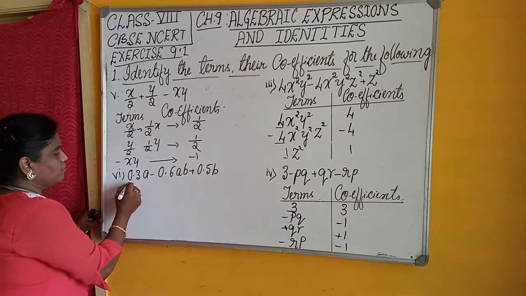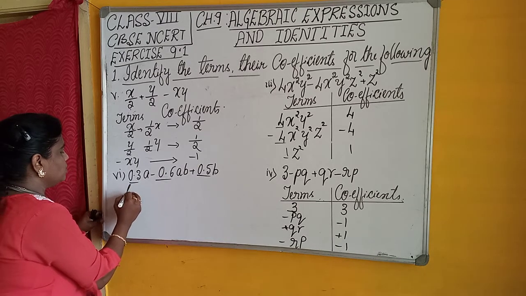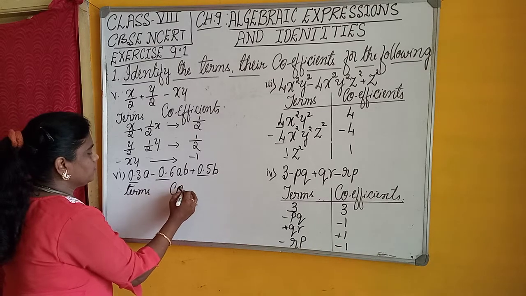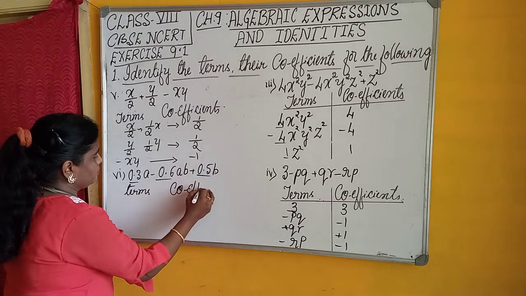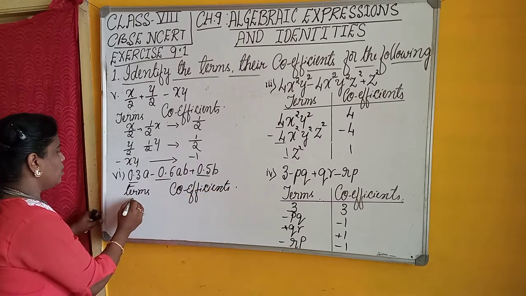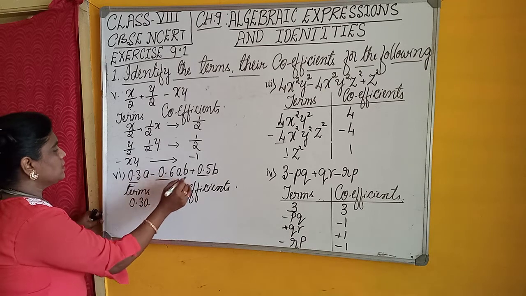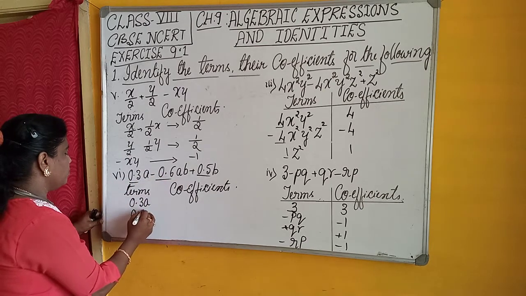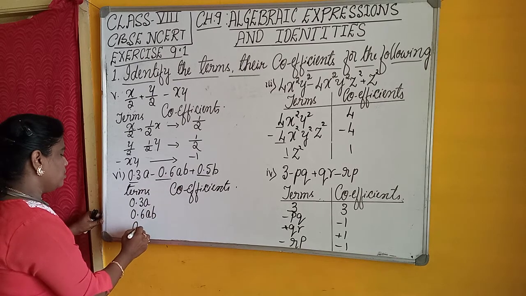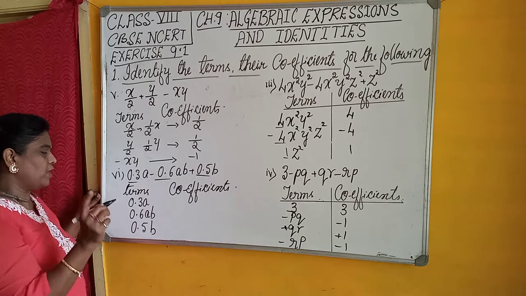And here we are writing those algebraic terms: 0.38, minus 0.6 AB, and 0.5 B. We are separating them from the expression, isn't it, students?